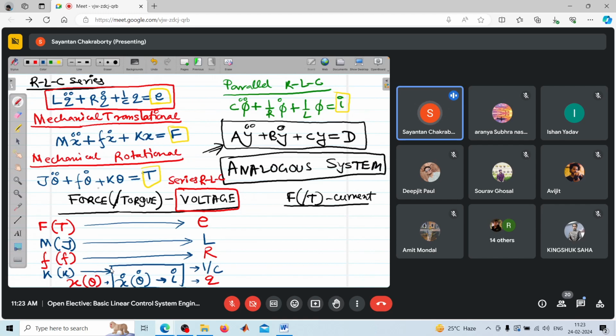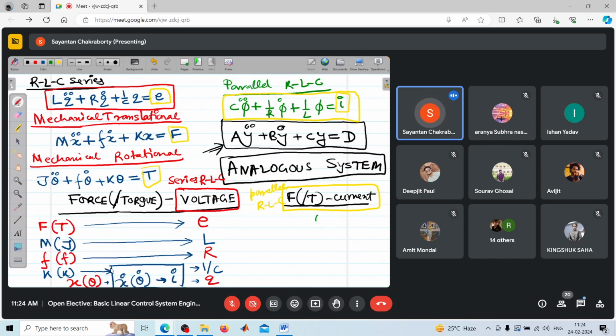Similarly, for the force current analogy, we have to apply a parallel RLC circuit, because the driving force is now current, right?